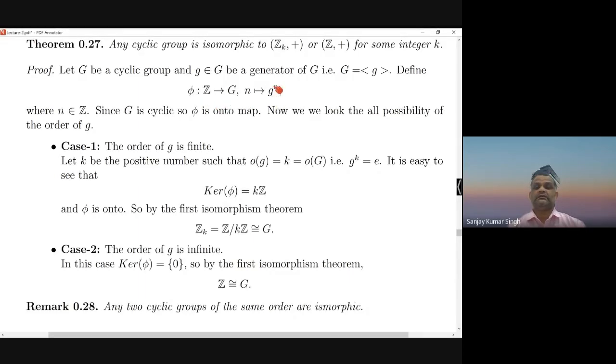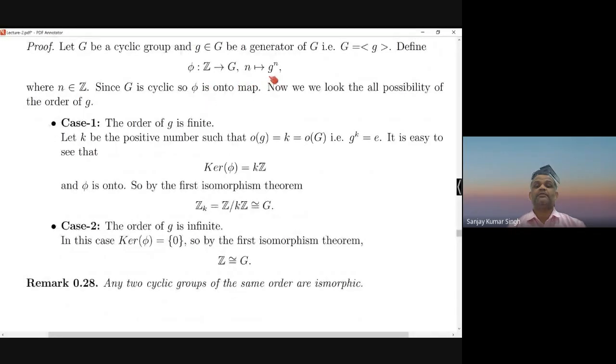Well, g power n is a well-defined element in capital G. It is also easy to check directly that this map is onto. Why? Because any element of G is written as a power of g, and hence we get an integer n whose image is exactly that element.